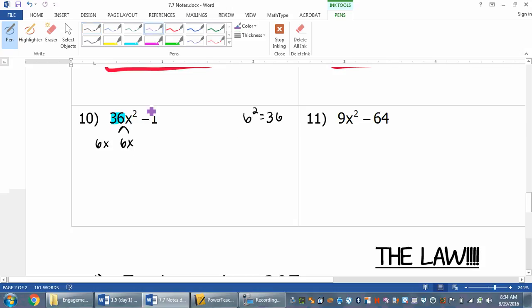You should also recognize that 1 is a perfect square because 1 squared is 1. I'm going to break up 1 as 1 and negative 1. I'm not going to have 6x and negative 6x here because I have to make a positive 36. The only way to make a positive is 2 positives or 2 negatives, but I don't need the 2 negatives. So my factors are going to be 6x plus 1 and 6x minus 1.